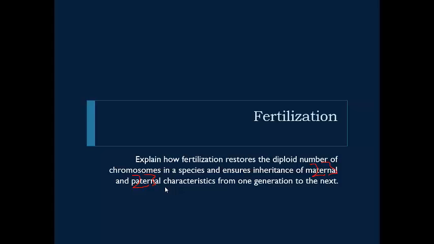And those characteristics from them are going to be put into the new generation, meaning the new baby, and that person is going to be unique. So fertilization is really the cells produced in meiosis doing the biological job they were meant to do.